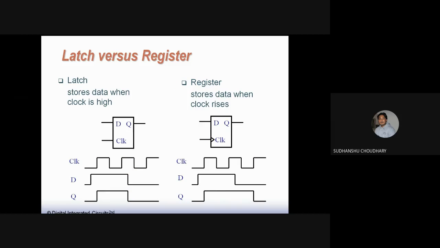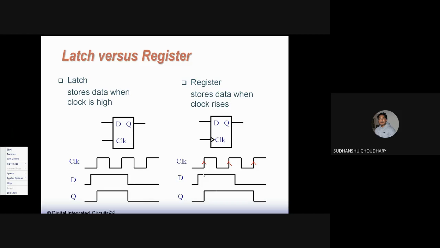Similarly, if you have a negative level sensitive latch, you will see a bubble over here. Since you do not have a bubble here, this register is a positive edge triggered register. So as soon as the clock makes a transition from low to high, whatever is the D input during this time will be copied to Q.